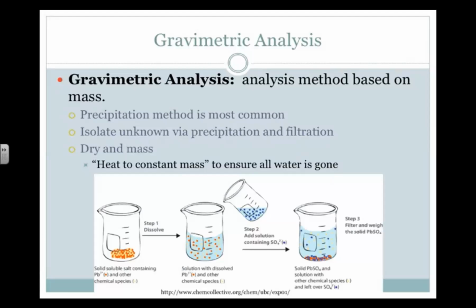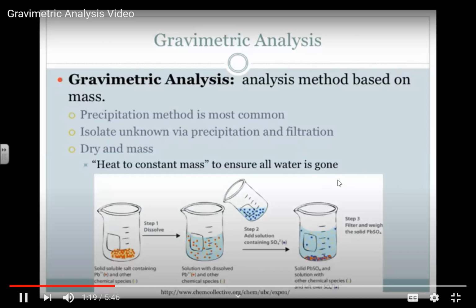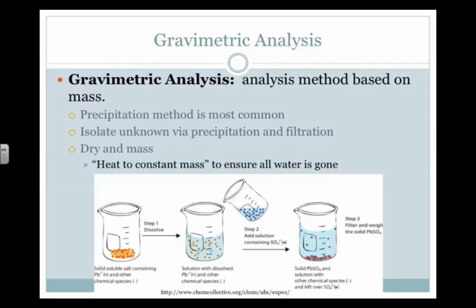Here's a schematic showing us a particular example of gravimetric analysis. In this example, we're attempting to precipitate out all of the lead-2+ ions in solution. First, we take a sample containing lead-2+ ions and some other chemical species and dissolve it in water.